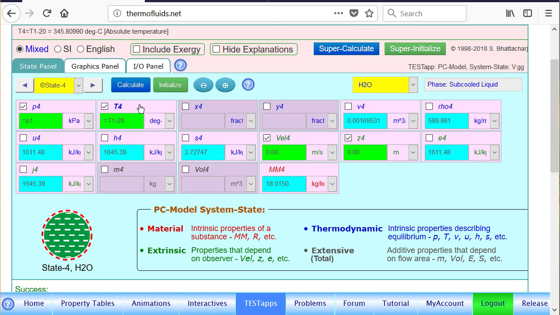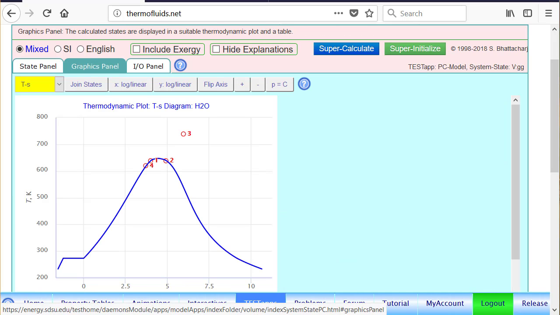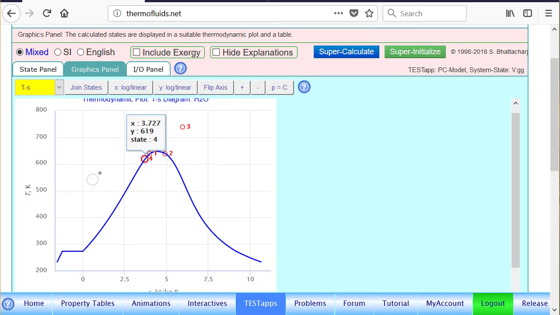So we have found all the states, and you can see that the subcooled liquid phase has been computed as part of the solution of this state. Okay, so now let's go to the graphics panel, and we are in for a surprise. Notice that state 4 is on the saturation line instead of being in the subcooled liquid zone. This is the liquid zone, and this is where we expect state 4 should be. Why is that?